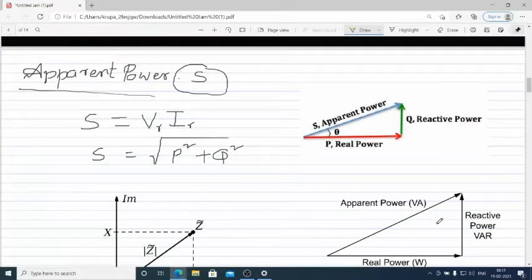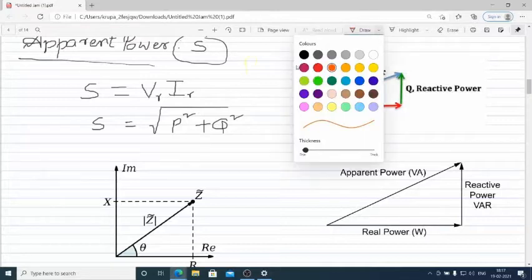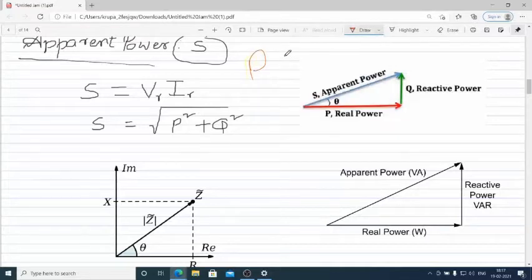So the next important definition is apparent power. It is the combination of the active power and reactive power. It is the phasor sum, not the arithmetic sum, of the active power and reactive power.